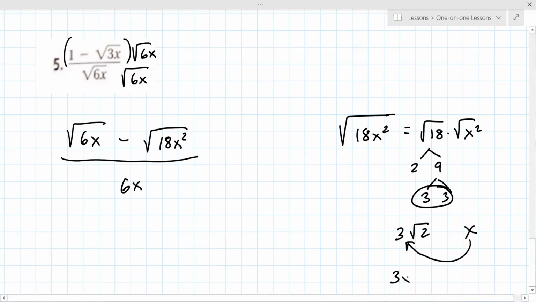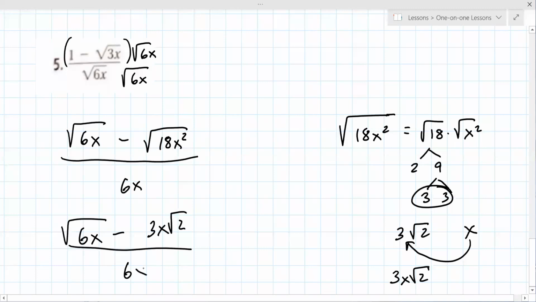So it's 3x square root 2. You don't want to put it with the 2 because sometimes it can look like it's still under the root. So your final answer is this over 6x. I mean, there's actually a few more things you could do here, but I think this is what your instructor wants. Yeah, we just have to rationalize it.